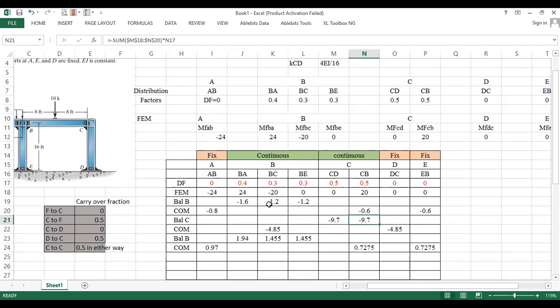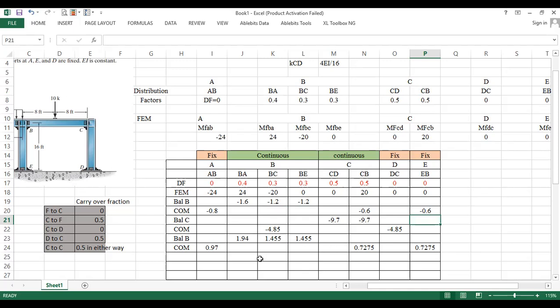Yeah, I think I made a mistake, because to balance BC, you have to take CB. It's 0.6. I have taken it from BA, balance it. It's correct: BA to AB, CB to BC, EB to BE, okay?